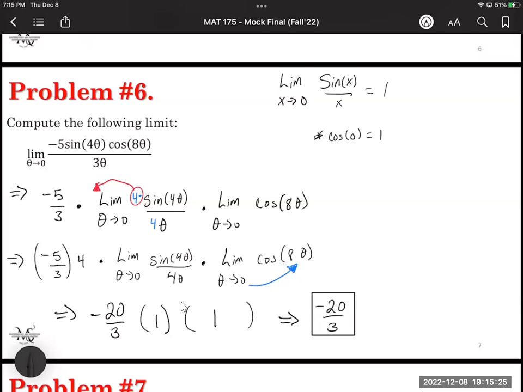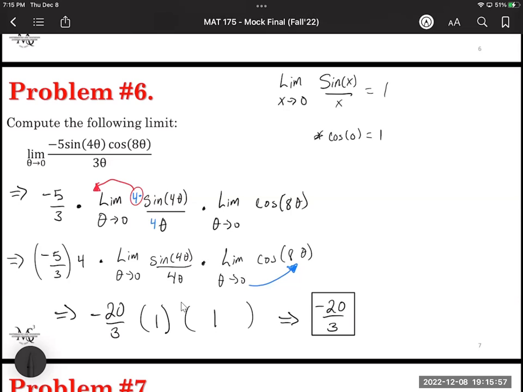I have a question. So cosine of a constant times theta is always equal to 1? My bad, I missed your question. You see how up here you have cosine of 0 equals 1. That's right, because 8 times 0 is 0.